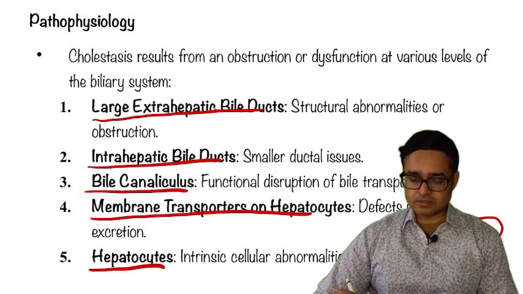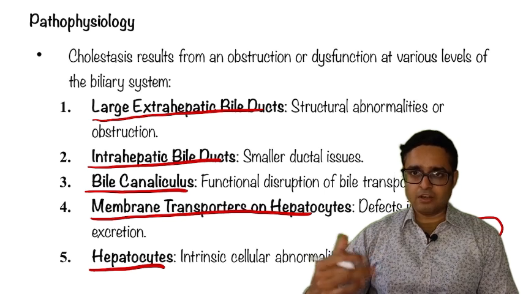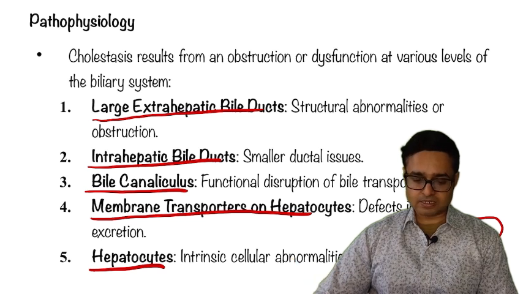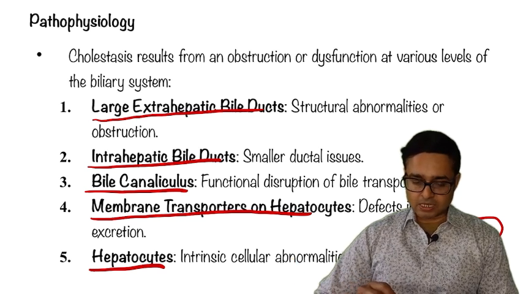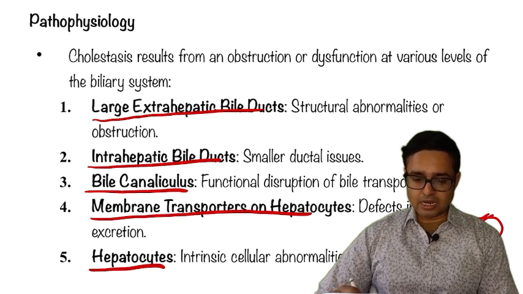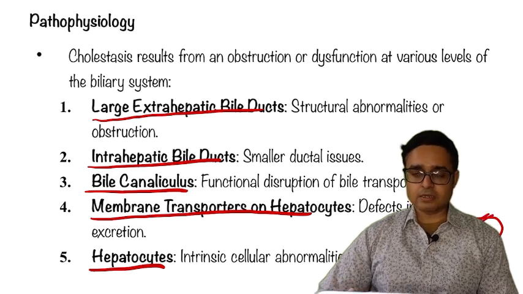This is the liver, this is the gallbladder, and the bile flow through these can manifest as neonatal cholestasis if there is a problem at the hepatocyte level, intrahepatic bile ducts level, bile canalicular level, membrane transport level, or large extrahepatic bile duct level.